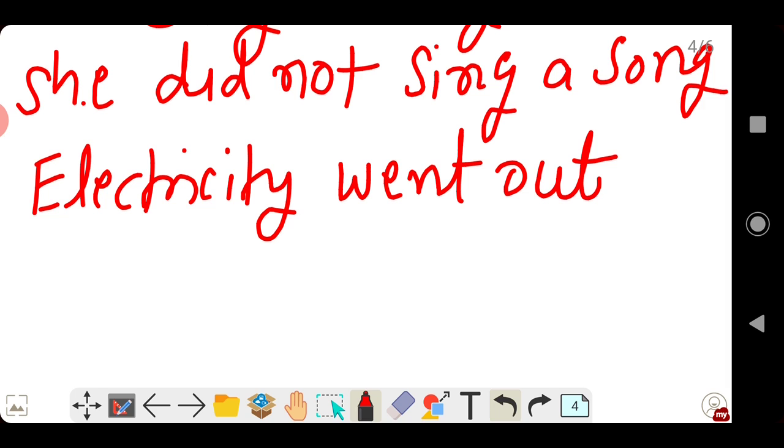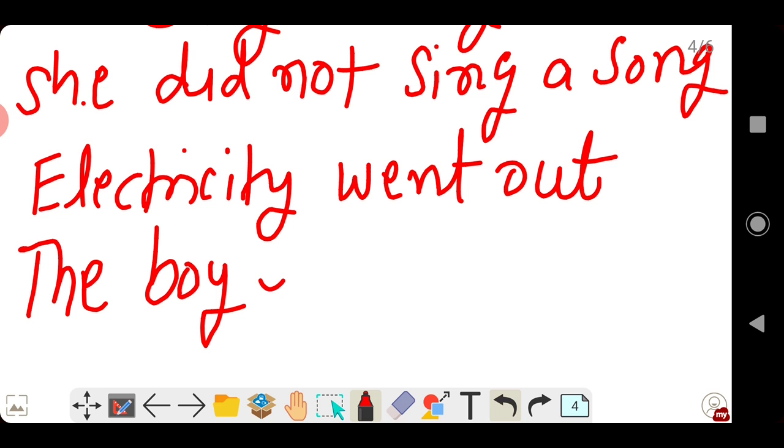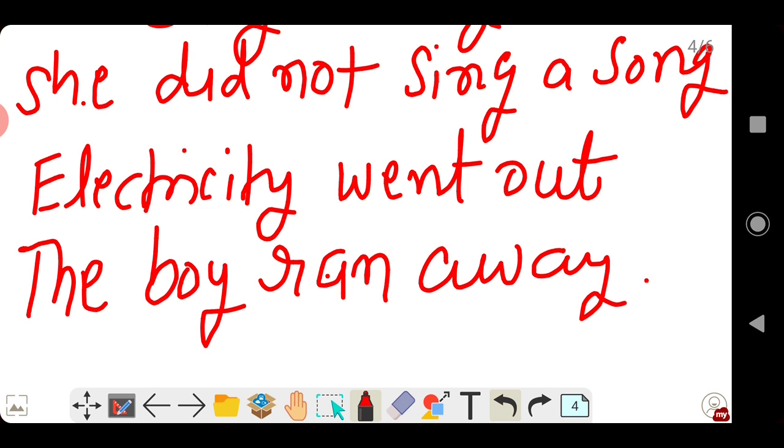The thief ran away, or you can say the boy ran away. Many of you must be wondering what is the difference between present perfect continuous tense and past indefinite tense.